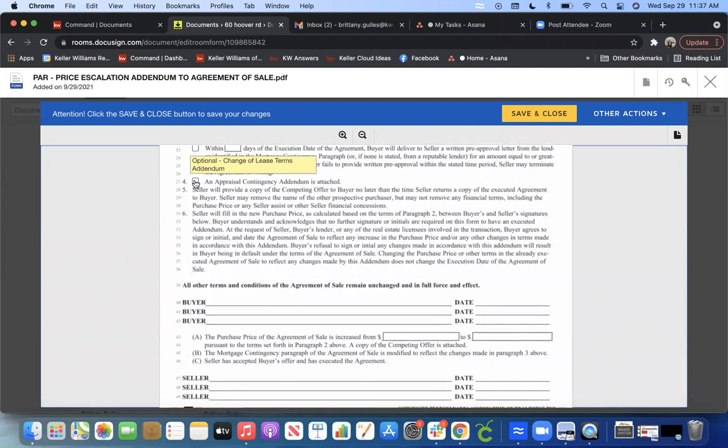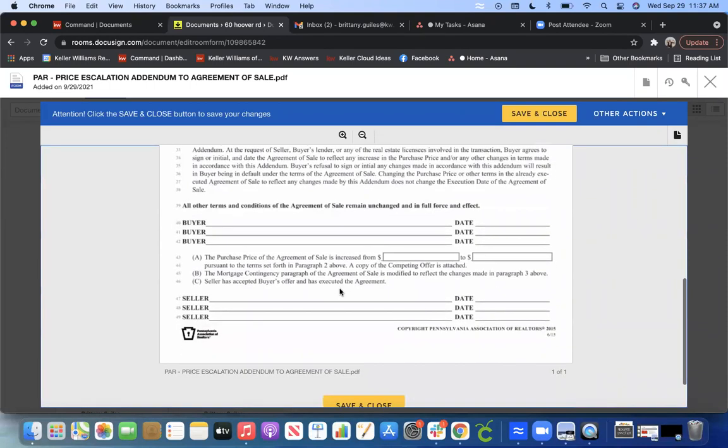And then of course, if there's an appraisal contingency, if this price escalation is still contingent on it appraising that high, you would select that box here, and then your buyer would sign and date. If the escalation is accepted, so if there was a higher offer, let's say your offer was 200,000 and one was there for 210, like in my example, the seller then would have to fill in here that the purchase price of the agreement of sale is increased from 200,000 to 211,000 because the buyer said they would pay $1,000 higher than the highest competing offer.